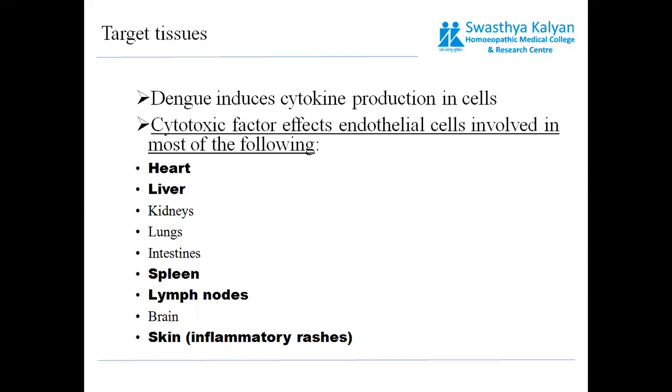The ones marked bold are the primary parts of the human body which get affected, whereas the others are less affected. First, I will name the ones which are primarily affected: heart, liver, spleen, lymph nodes, and skin. Whereas kidney, lungs, intestine, and brain are less commonly affected.